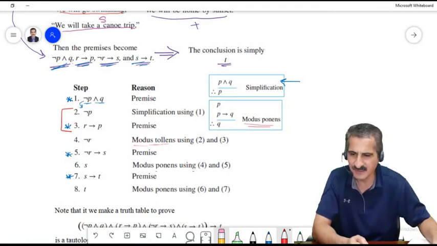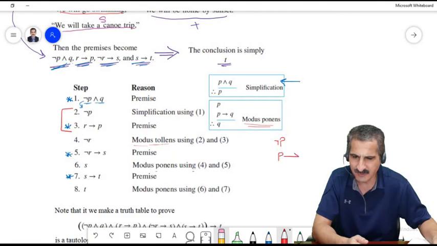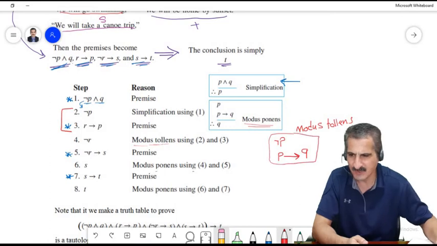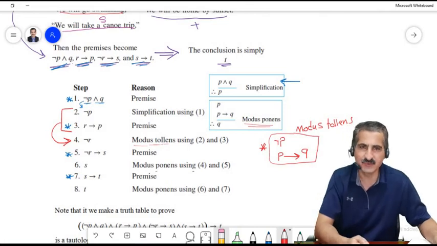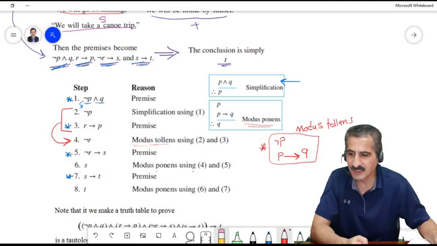Shall I write it again? We have not P, and we have P gives Q. This is modus tollens, the one we have seen already, and we will use it now to jump from here to here. So we have P gives Q and not Q, then we will have not P in hand.